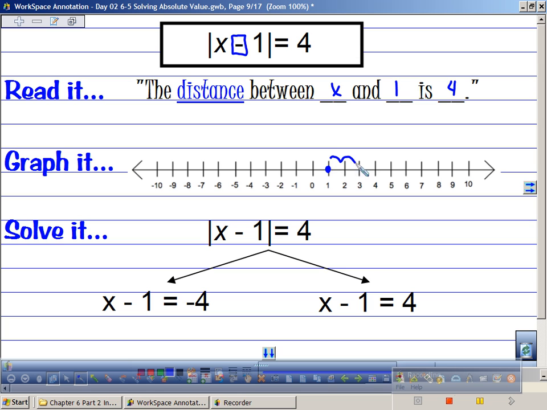And if I'm going 1, 2, 3, 4 in the positive direction, that's the difference between x and 1 in the positive direction, and the difference between x and 1 in the negative direction. So we have to account for both. Just like we talked about going to the beach, if you drive to the beach, you also have to drive back home, right? So we have to consider both directions when we're doing absolute value.